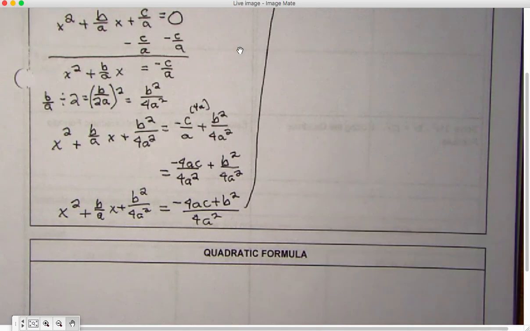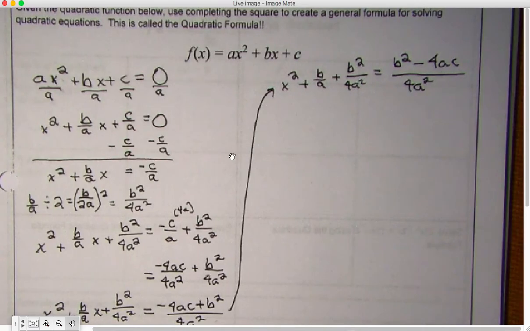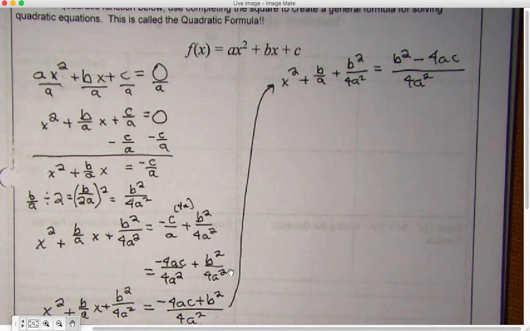Okay, whoops, you can't see that. How's that? Pause. So all I did was, from down here, I rewrote that so the b squared was in front. Okay, pause and then write all that down.